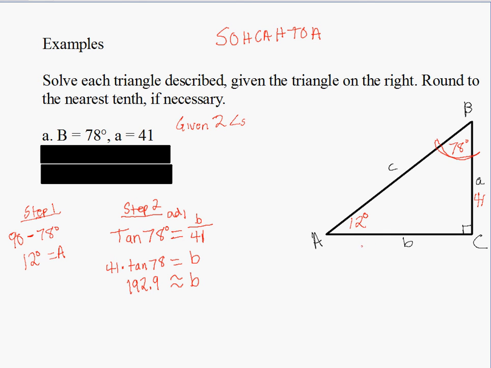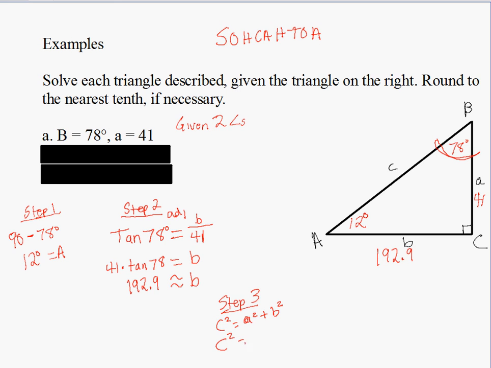So I know that B is 192.9. And then step 3 should be the easiest for you. Step 3 is when you use C squared equals A squared plus B squared. So here's your A, here's your B. We don't know C, that's what we're solving for.